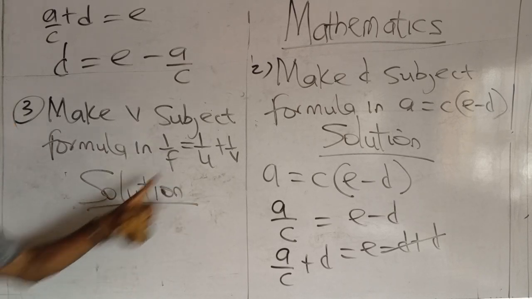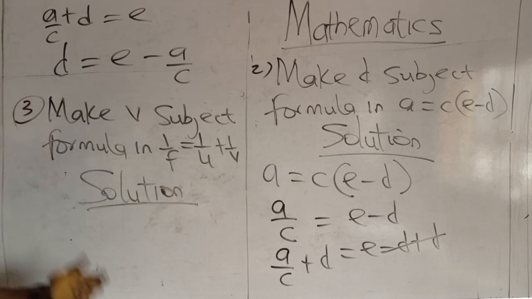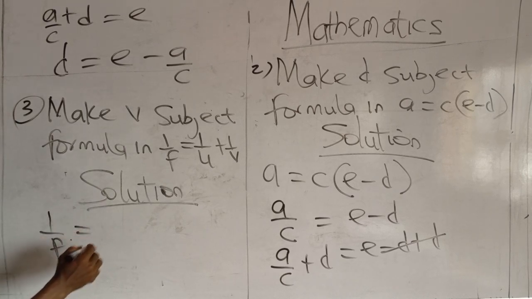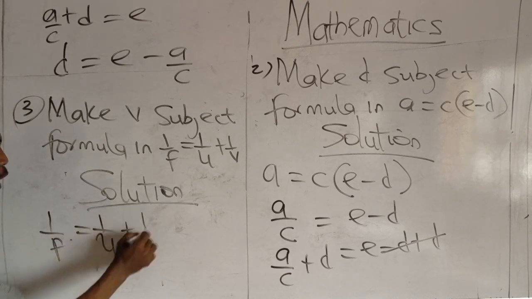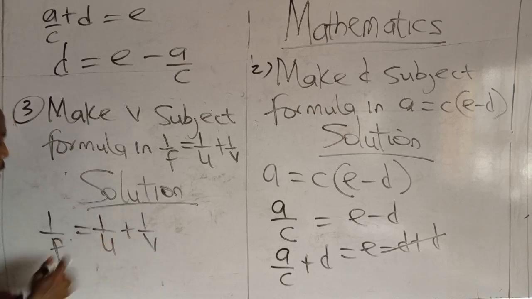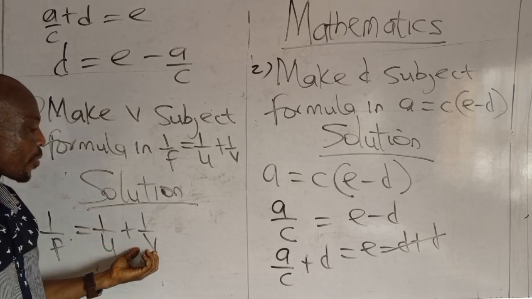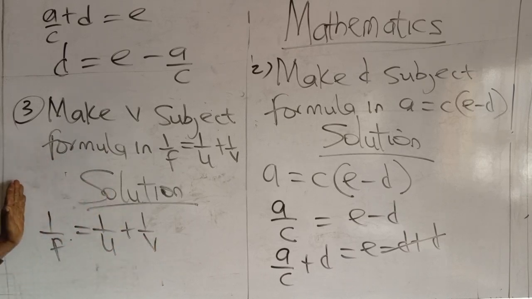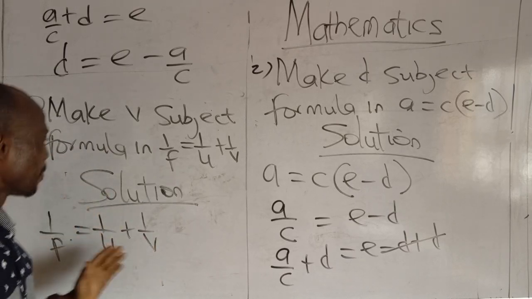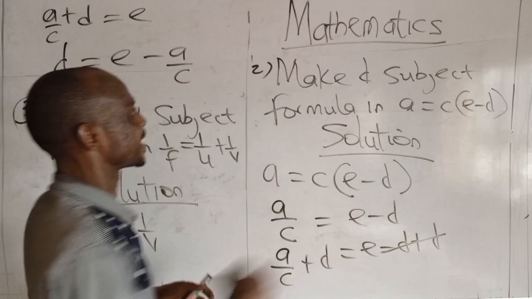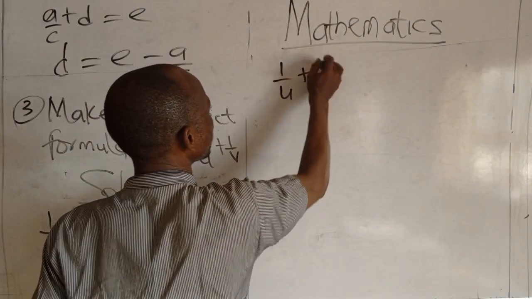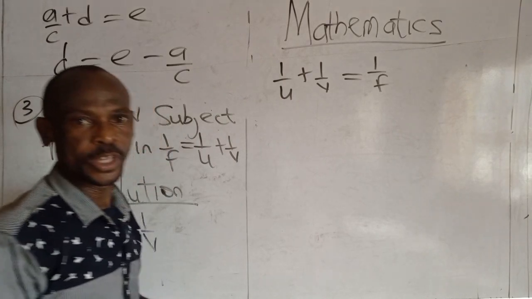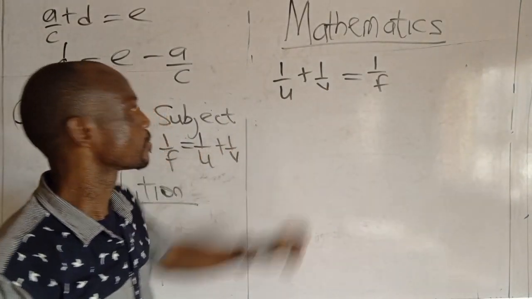So to make our V the subject in this equation, what do we do? 1 over F is equal to 1 over U plus 1 over V. Conventionally, our subject, we normally leave them by the left. So we can simply rearrange this by writing it as 1 over U plus 1 over V is equal to 1 over F. So it still means the same thing.